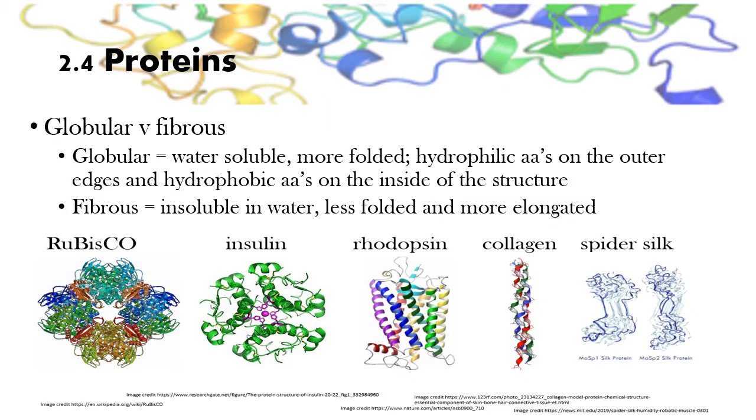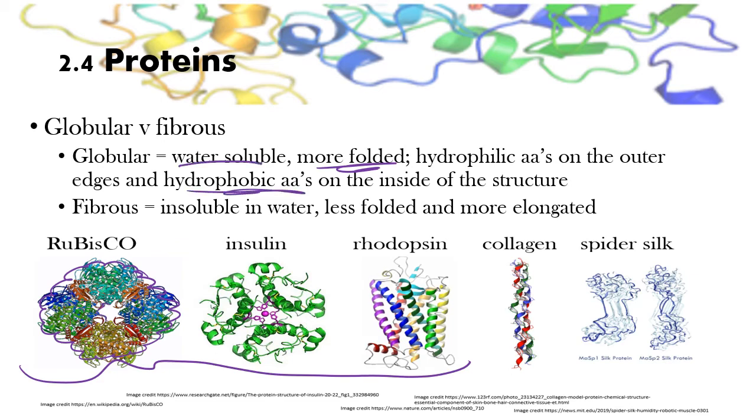All right, I mentioned a couple slides ago globular versus fibrous. Globular proteins are literally like globs. They're kind of blobby. They have a lot of folding, and what's super cool is that the hydrophilic amino acids will be on the outside of that folding, and so they are water soluble. The hydrophobic amino acids will be on the inside, kept away from the water.